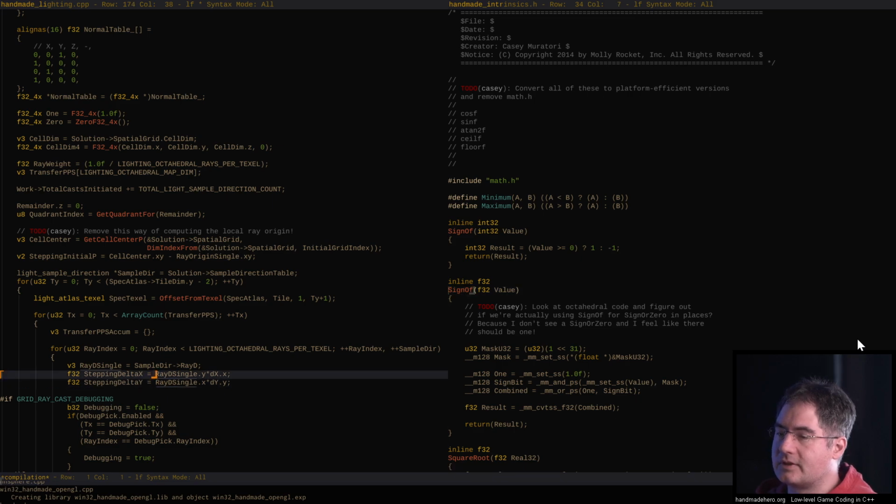So the sign is all we really need here. So it's really like the sign of the other one. It's times the sign of whatever the ray dir single is, or the ray of the opposite one. So in the y step case, it's the y. So we have the ray dir single x times the sign of the y times however big the voxel is in that direction, which is just cell dim.